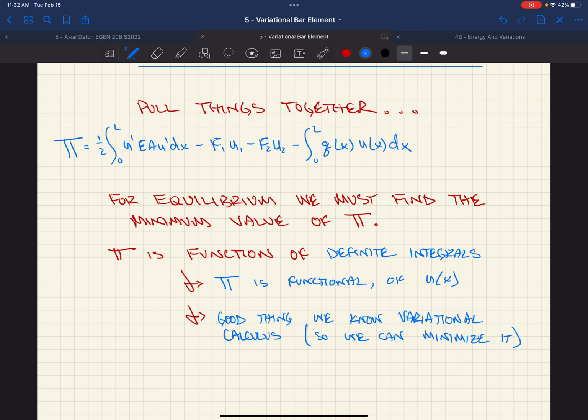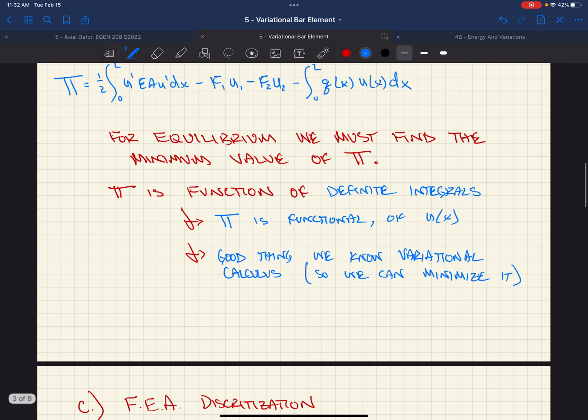And when we minimize it, we can figure out the point at which we are in equilibrium. So this up here is really our total potential energy of our continuous model.